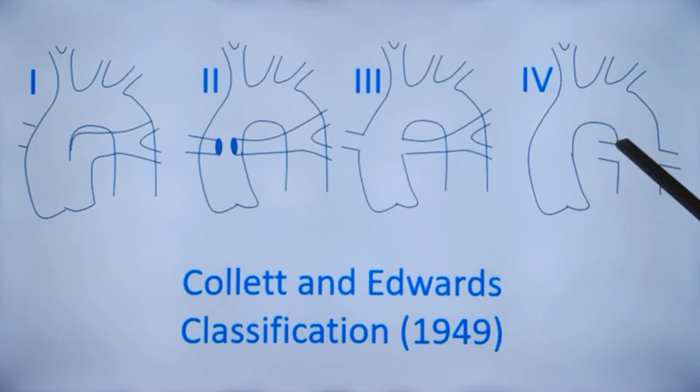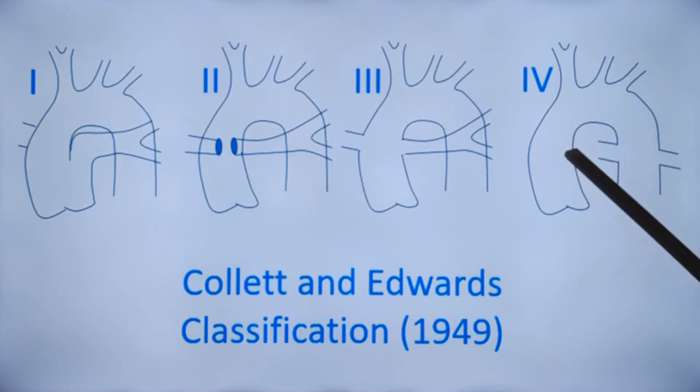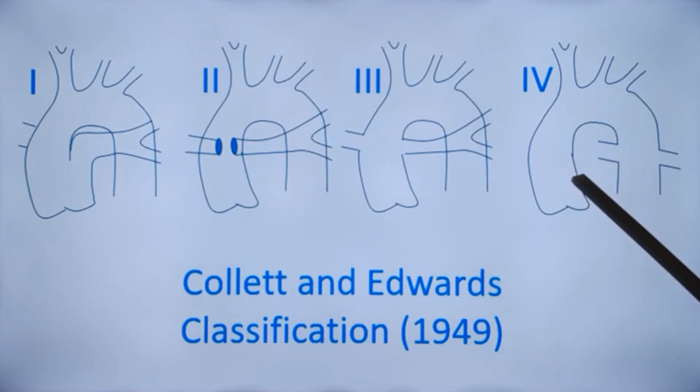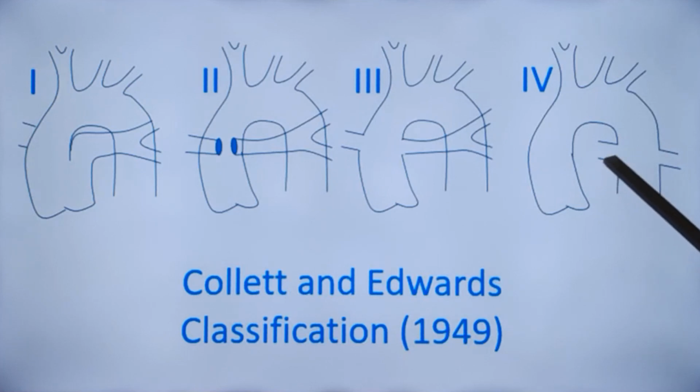And type 4 is two pulmonary arteries arising from the descending aorta. This is sometimes equivalent to pulmonary atresia, also known as pseudotruncus, with major aortopulmonary collaterals arising from the descending aorta.